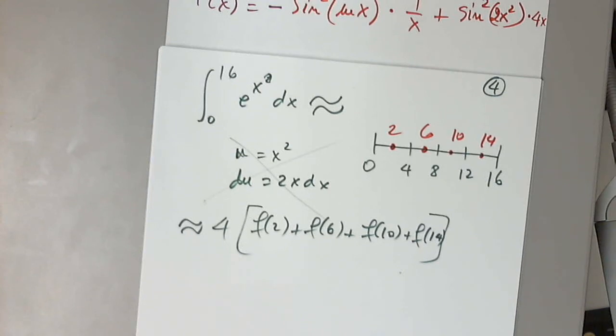Okay, so 4, parenthesis, e raised to 4, plus e raised to 36, plus e raised to 100, and then plus e raised to 14 squared.